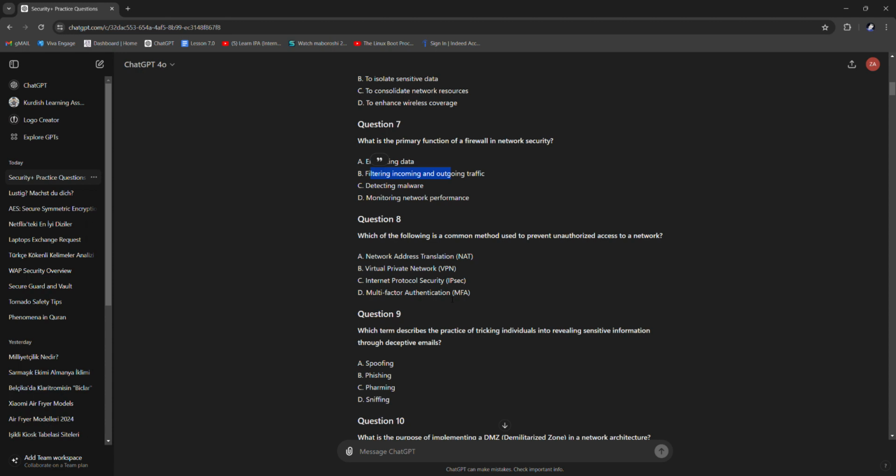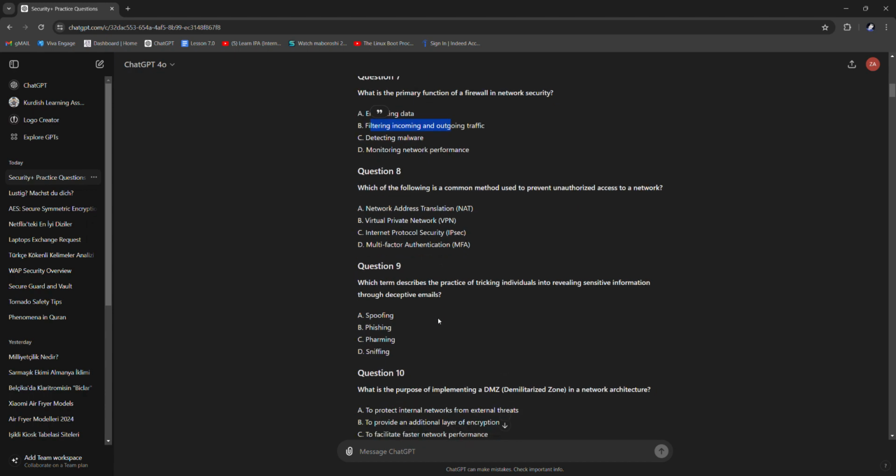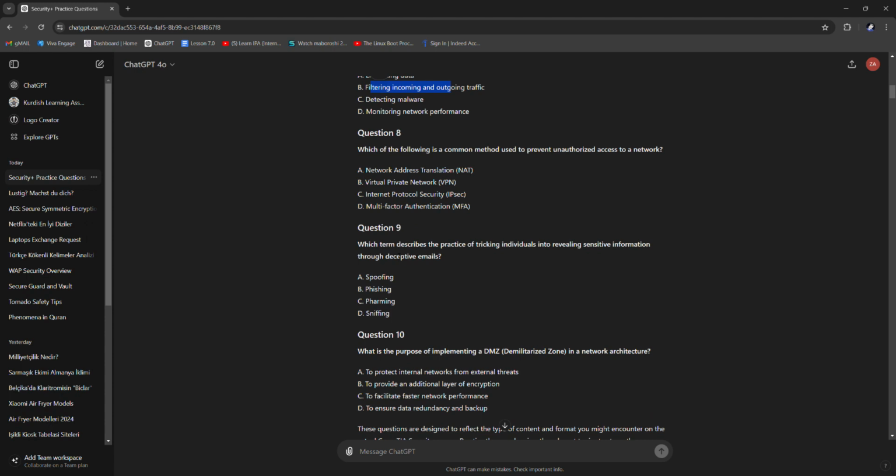If you want to prevent unauthorized access to a network, you increase the levels, so you use multi-factor authentication. Even though they know your password, they still need something else: something you own, something you have, something you are.